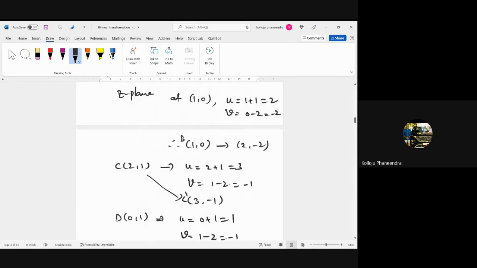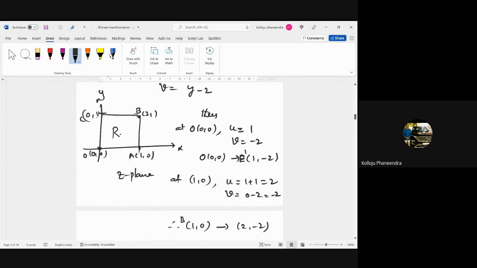I think this first figure is wrong. Sorry, all of you. This is 0 comma 2. Done. This is 2 comma 1. Where is this point? This is 1 comma 2.